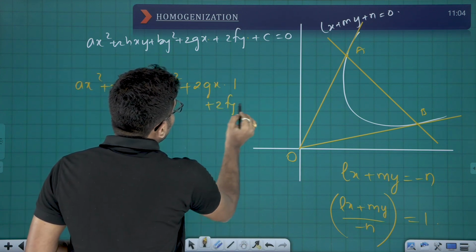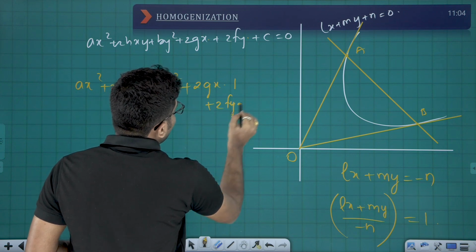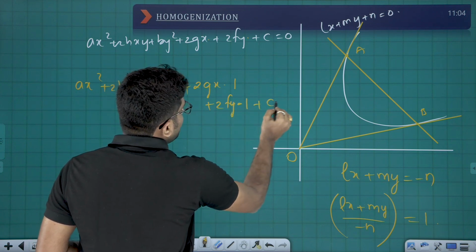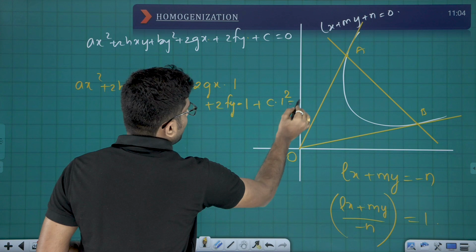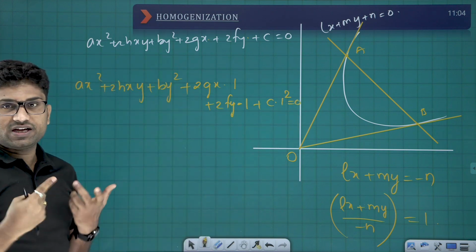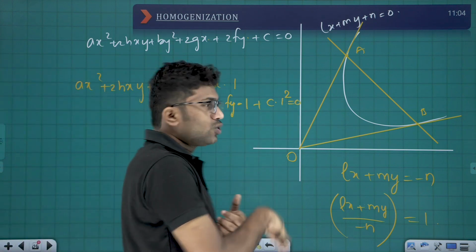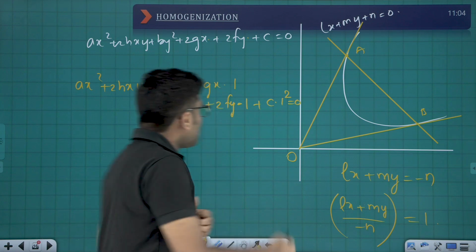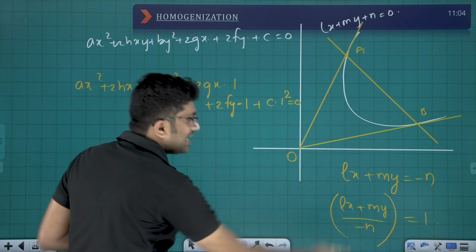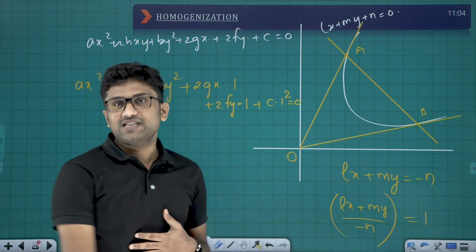Plus 2fy can also be multiplied with 1. Plus c can be multiplied with 1 square. No change, because anything into 1 is the same thing, into 1 square will also be the same thing. Now replace this one with (lx plus my) divided by minus n.